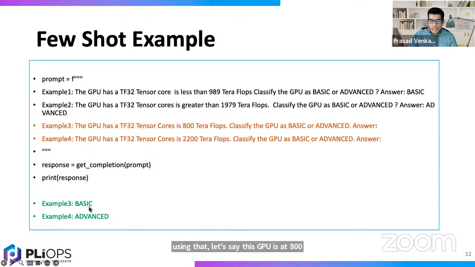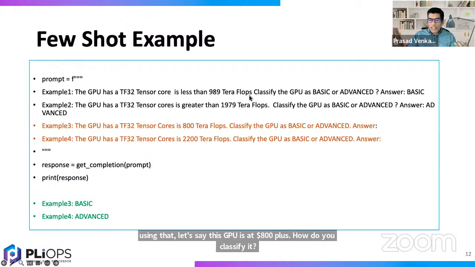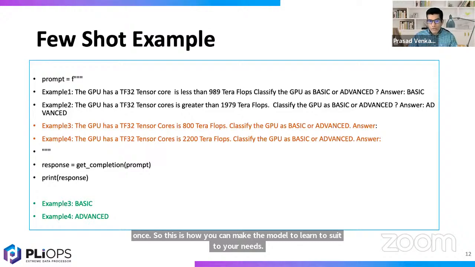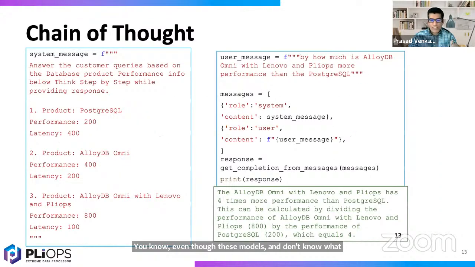You see the answer, this is basic, because I have defined the template, it automatically classifies. Then when it comes to example four, I'm providing 2021, so it calls it advanced. So this is how you can make the model learn to suit your needs. Even though these models don't know what teraflops are and all that stuff, by providing few-shot examples, you made that model intelligent to suit your needs.